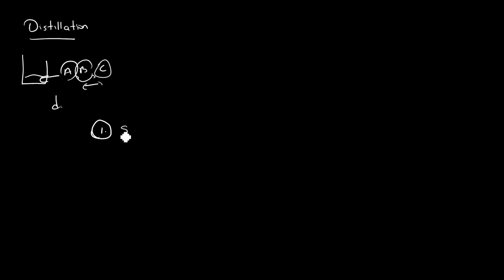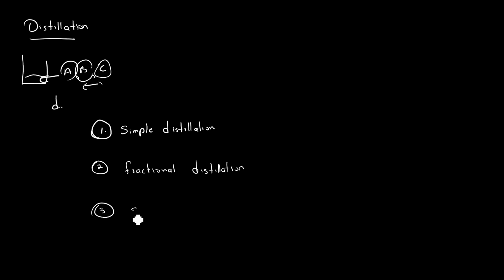The first one is the simple distillation. And the second one is the fractional distillation. And the third one is the steam distillation. There are others, right? But we will focus more on these three.